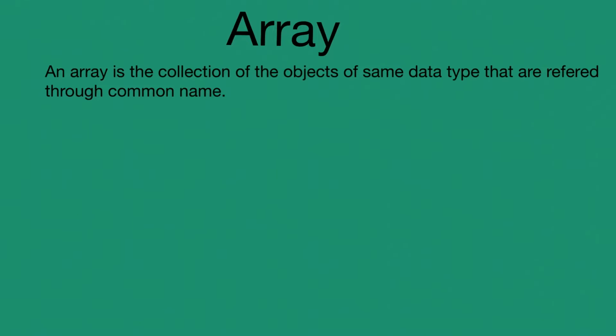The array definition is given by: an array is the collection of objects of the same data type that are referred through a common name. For example, we have population data, and we are working with the population of say 6 places.